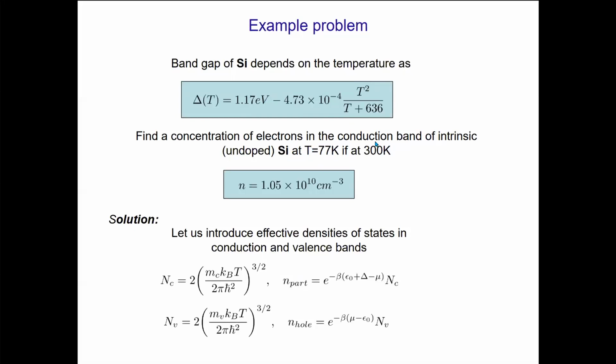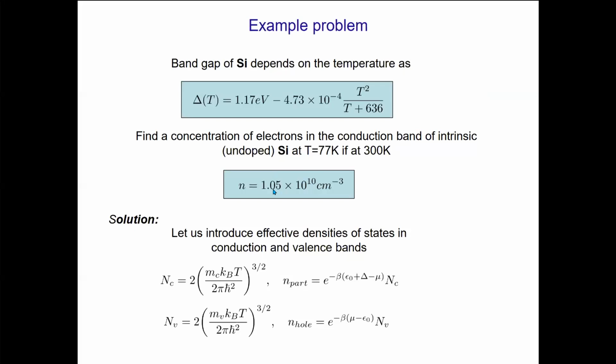If we know that at 300 kelvins, it's approximately 10 to the 10 per cubic centimeter. Okay, 10 billions. We know that it's really small for a natural semiconductor, but once we add some donors or acceptors, it will be really high.